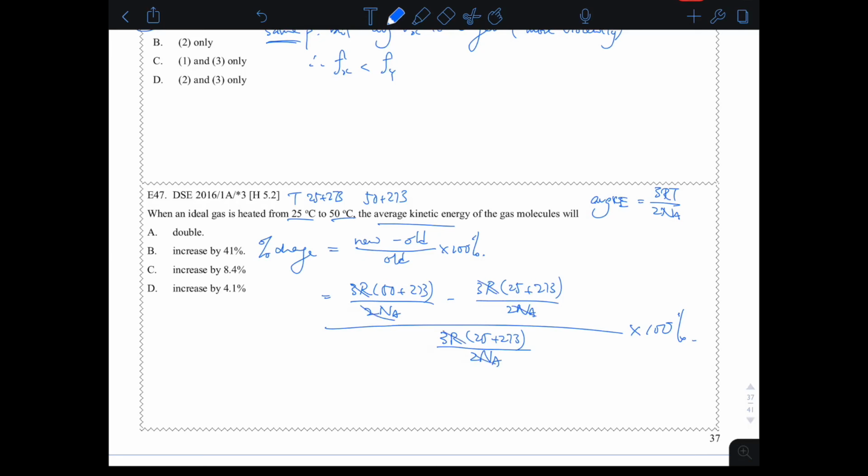And you know, we can have a lot of simplification here, and you just got the pure number and you can press the calculator and get directly that change, which is C, 40.